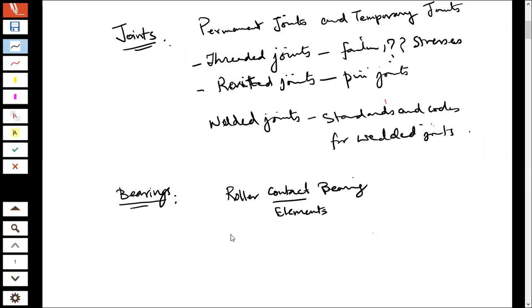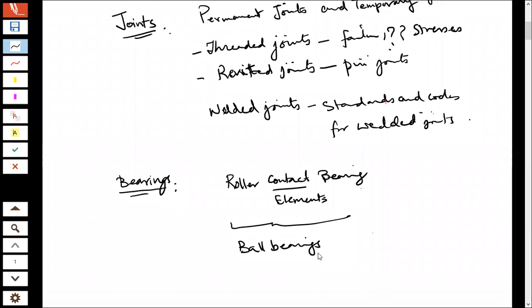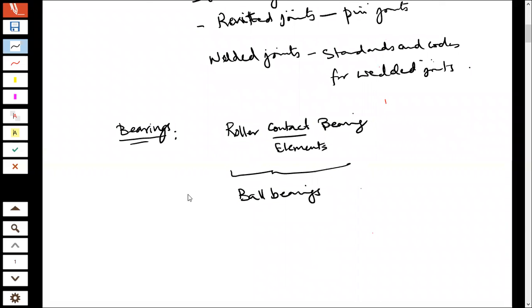These will include the ball bearings and their selection, and we will also talk about roller bearings and their selection, tapered roller bearings.